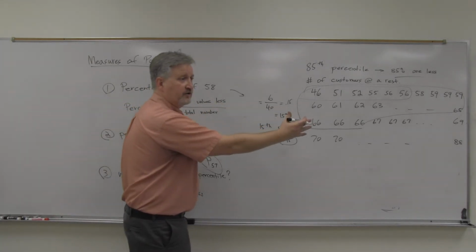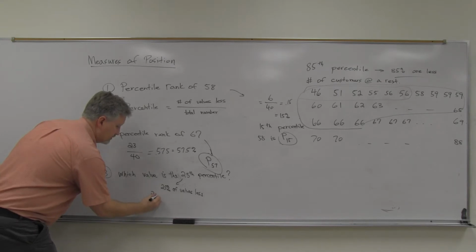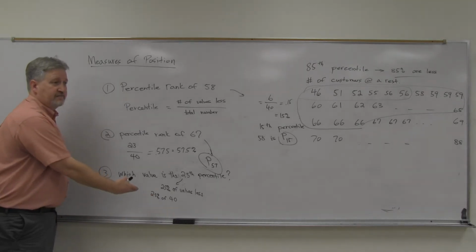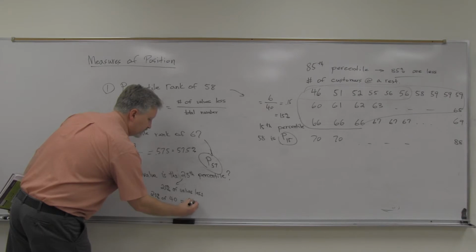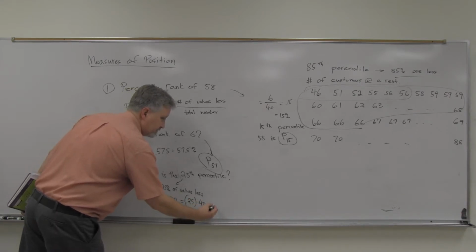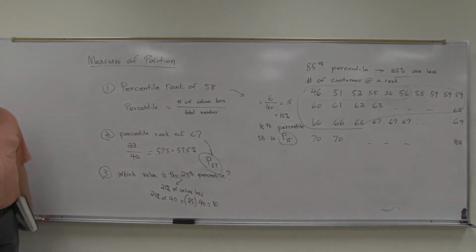I've got 40 values, so 25% of 40, which basically just means multiply those two together. So I take 0.25 and multiply it by 40, which gives me 10. So that tells me I want 10 values less than my 25th percentile.